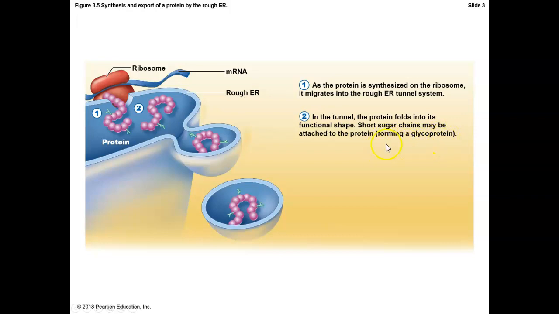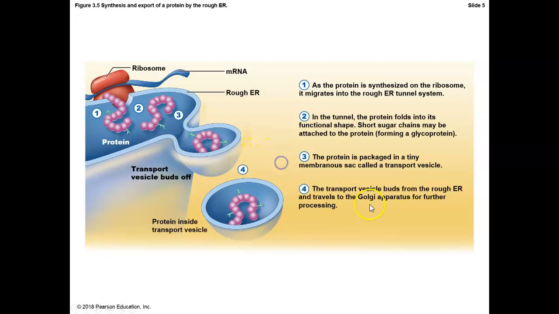And sometimes you may modify those proteins a little by adding a carbohydrate or an extra lipid or some other molecules. It's then packaged into the membrane of the ER, and a vesicle forms. That vesicle is then transported to the Golgi apparatus.